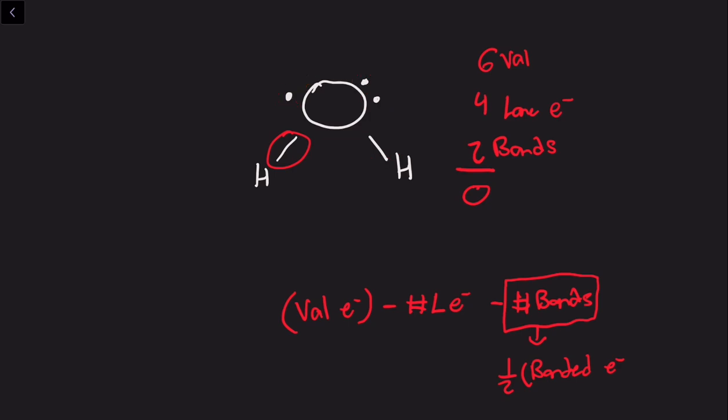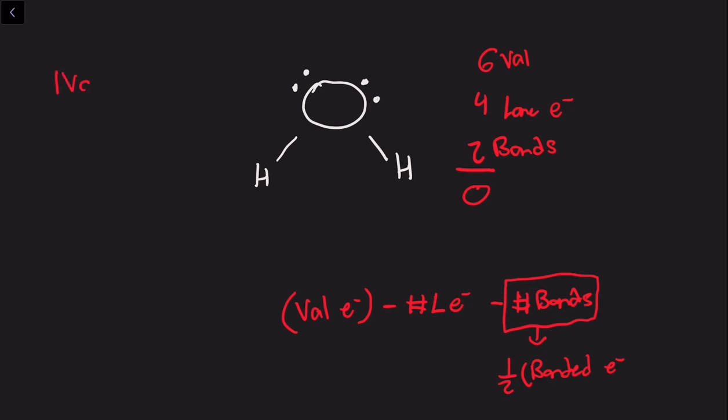Now, hydrogen is a little different as it doesn't follow the octet rule, and it only needs 2 valence electrons in order for it to be stable. So you can see that there's 1 bond, there's 2 electrons that make it up, it's going to be stable. But if we wanted to do this equation on hydrogen, we can do that as well.